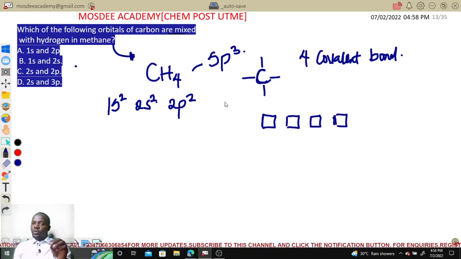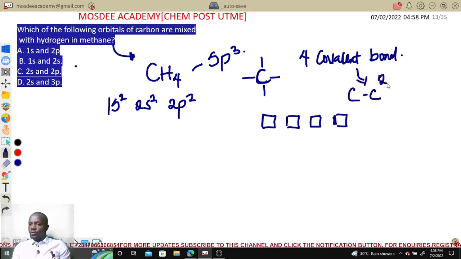Please note that the 4 covalent bonds of carbon are formed by hybridization between the 2s orbital and the 2p orbital. I hope students know that an s orbital can take a maximum of 2 electrons and a p orbital a maximum of 6. So the hybridization between two carbons is between the 2s orbital and the 2p orbital.